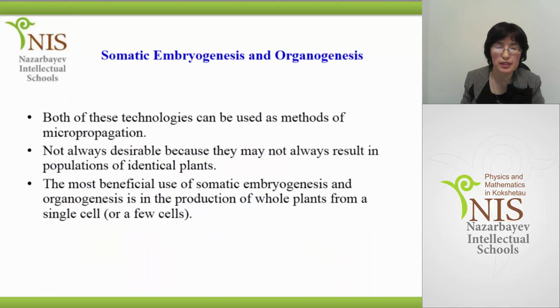Somatic embryogenesis and organogenesis, both of these technologies can be used as methods of micropropagation. This is not always desirable, because they may not always result in a population of identical plants. The most beneficial use of somatic embryogenesis and organogenesis is in the production of whole plants from a single cell or a few cells.